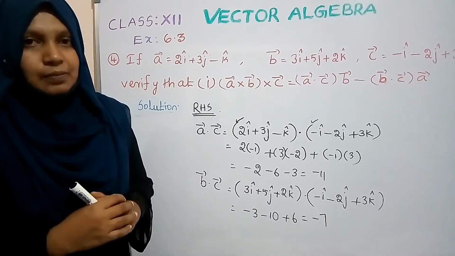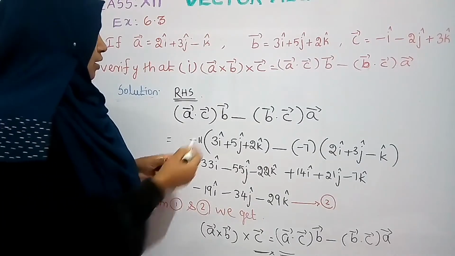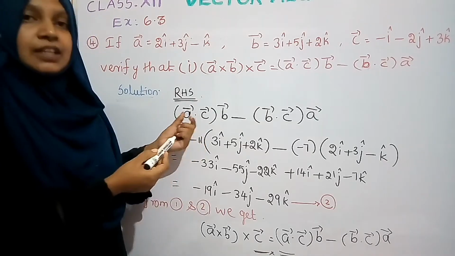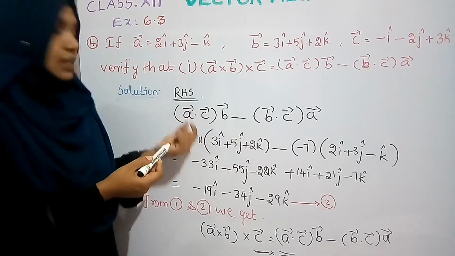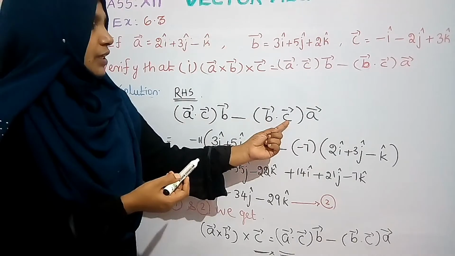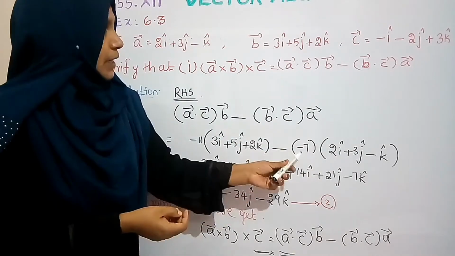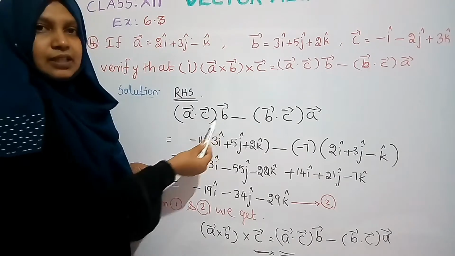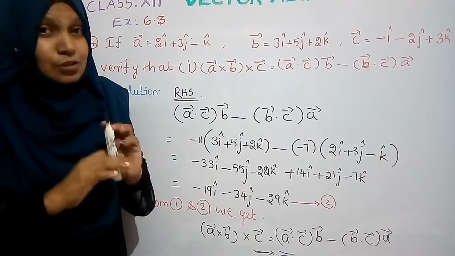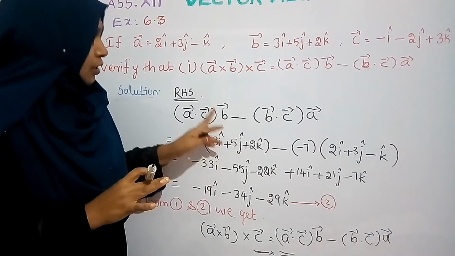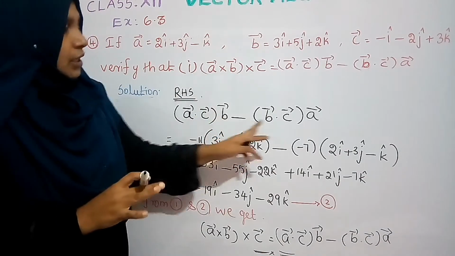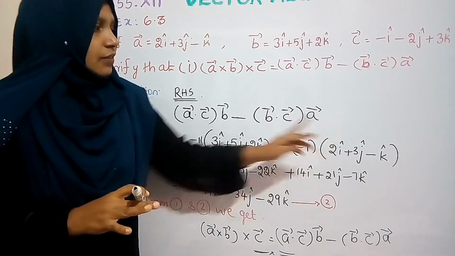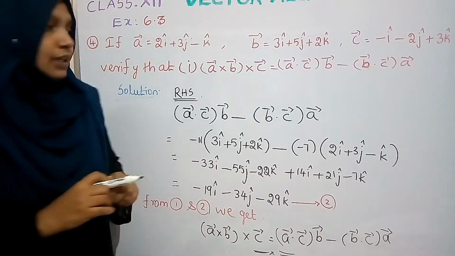Let's see how to multiply. Here I started with minus 11, the A vector dot c vector answer. And the b vector dot c vector value we got is minus 7. So now I am going to multiply this minus 11 with b vector. Normal multiplication, okay. There is no dot product or cross product here, only direct multiplication. Here also, b vector dot c vector we have to multiply with a vector directly.